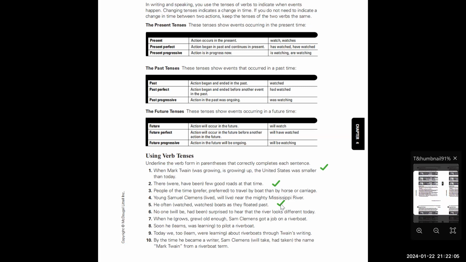But do you know what? If you use "will be," "surprise" is also the correct form after "be." If you use "will be," it should be with "ed," the past participle form. That's why they put together "will be" and "had been," because of the same rule. It should be "surprised."